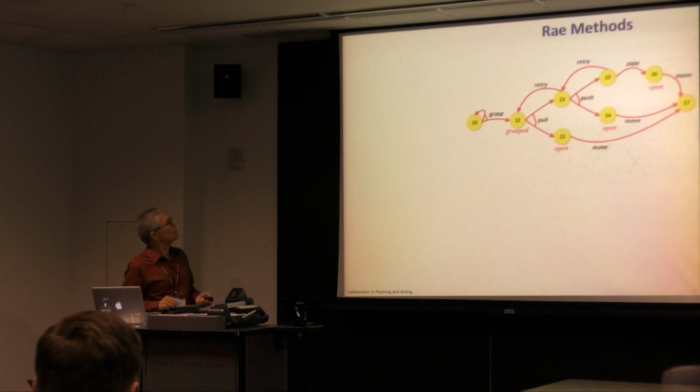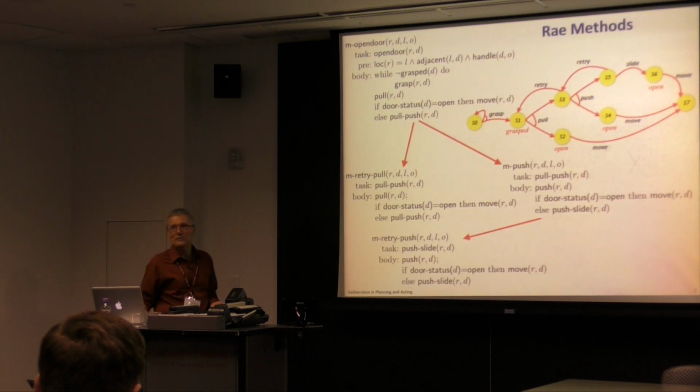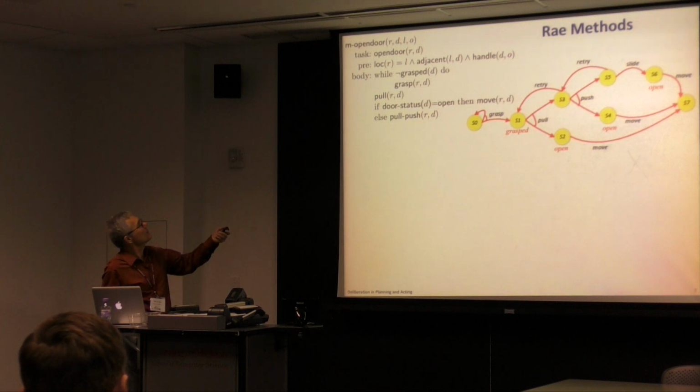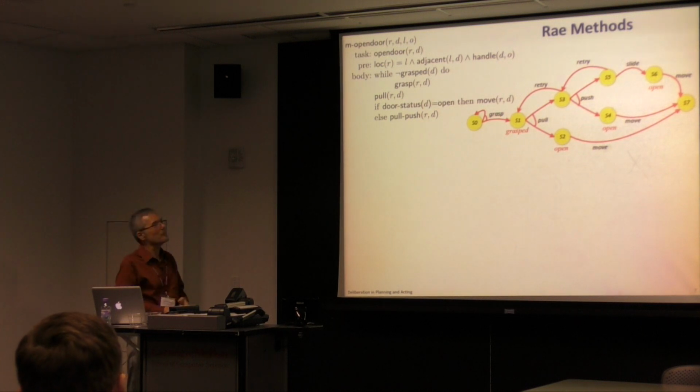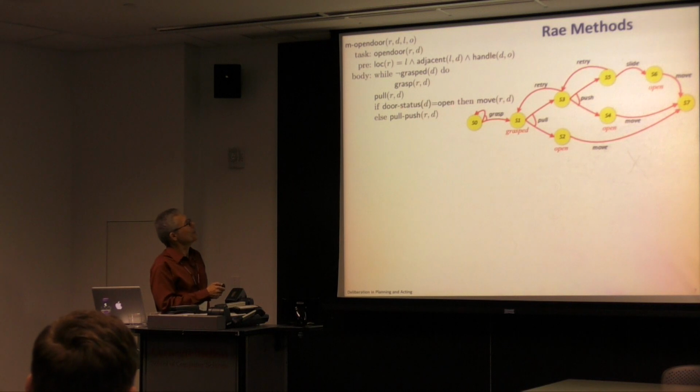So here are some refinement methods for the same thing. At the top level, we have the task of opening the door. All right? And what we're going to do is try pulling, just like I did. And if that opens the door, then we can go through it. Otherwise, we have a task called pull-push.